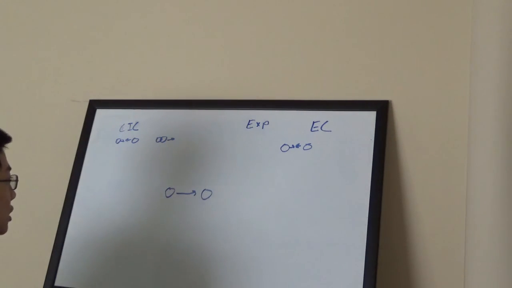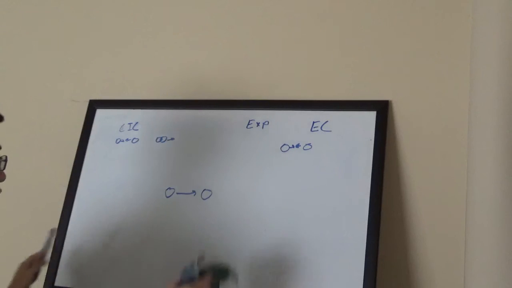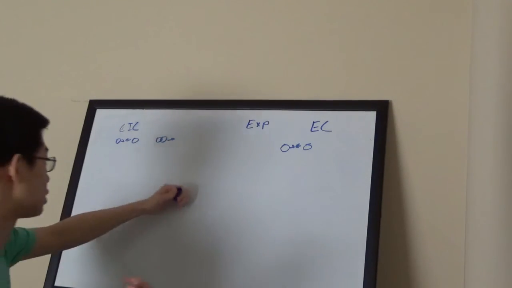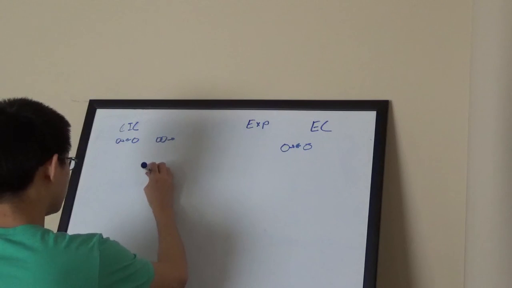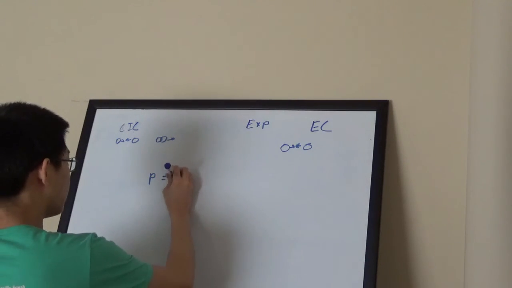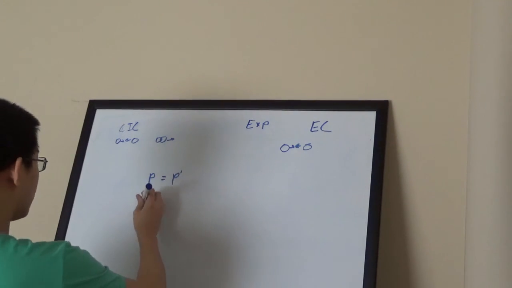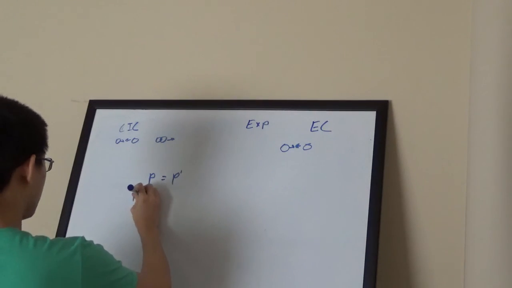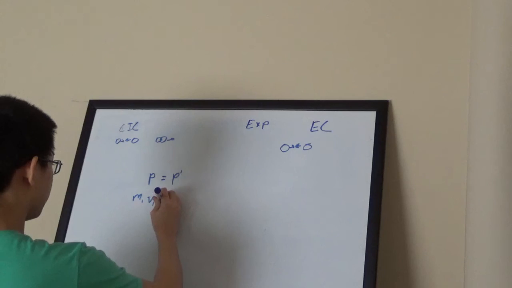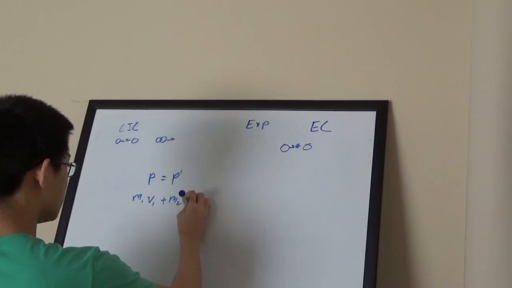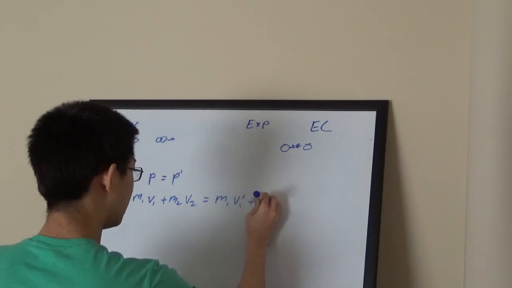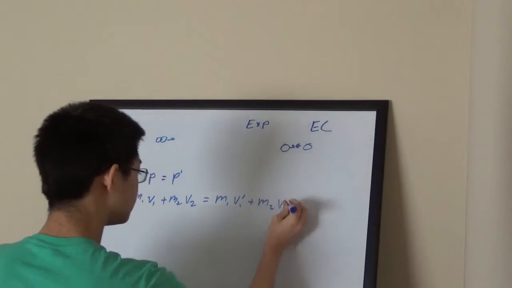All right, so we can actually find some interesting things about elastic collisions. With elastic collisions, our initial momentum is equal to our final momentum. What does that mean? Well, let's say we had two objects. M1 V1 plus M2 V2 is our initial, and our final momentum is M1 V1 prime plus M2 V2 prime.